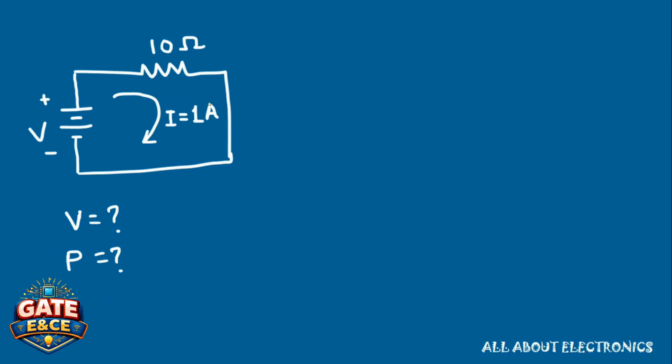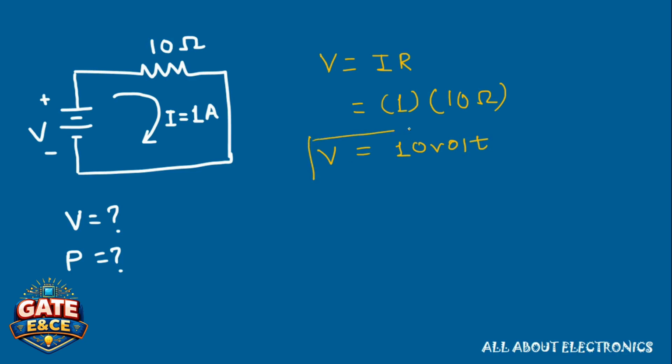First of all, let's find the voltage V, which is given by I into R. Here we know I is 1 ampere and the value of resistor R is 10 ohm. So the voltage in the circuit will be 10 volt. So the unknown voltage source has a voltage of 10 volt.